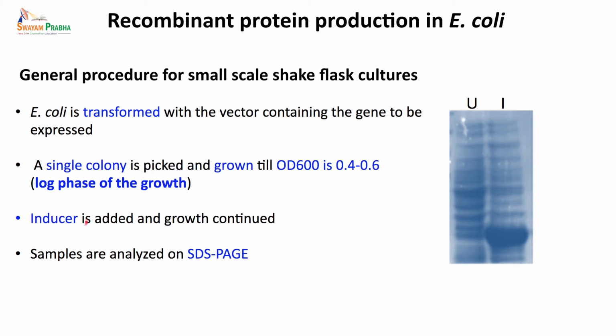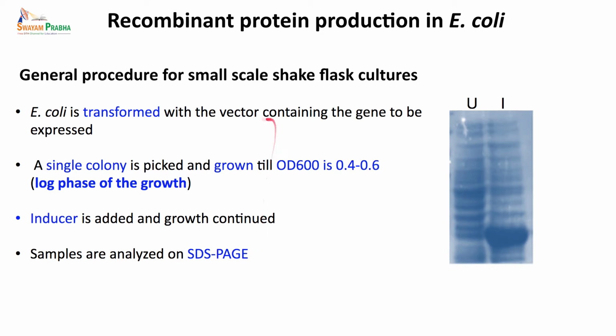So one adds the inducer, or whatever conditions the induction requires, and then the growth is continued, and however long you decide to induce the culture for, you can do that, and then you analyze the samples on SDS-PAGE. So this is a very common procedure.